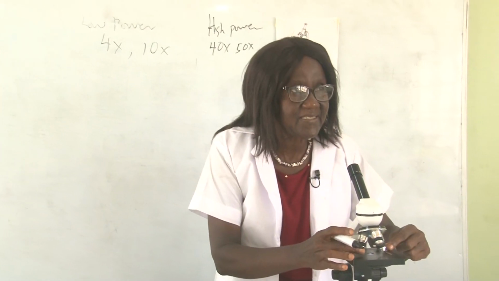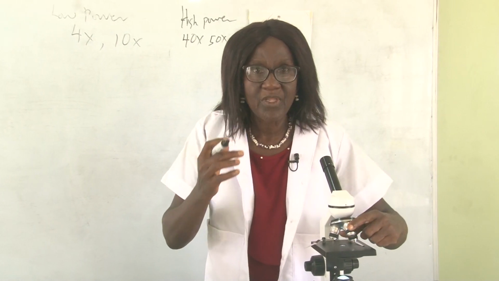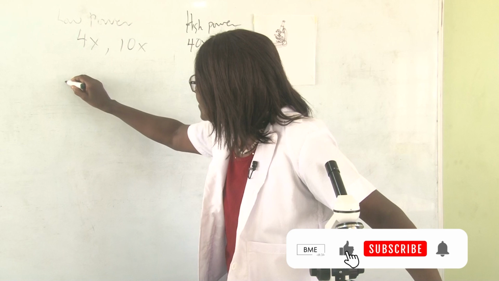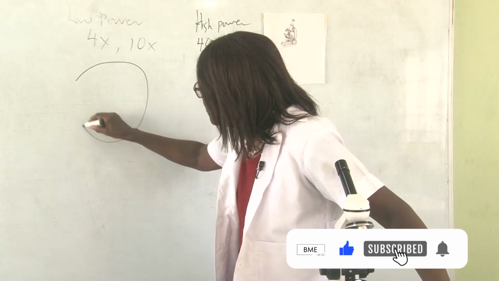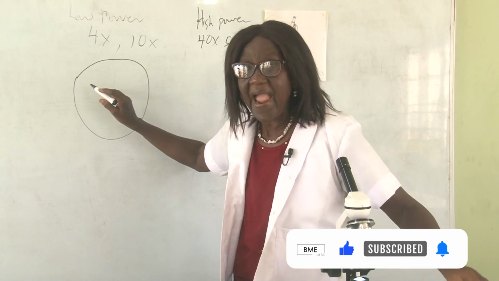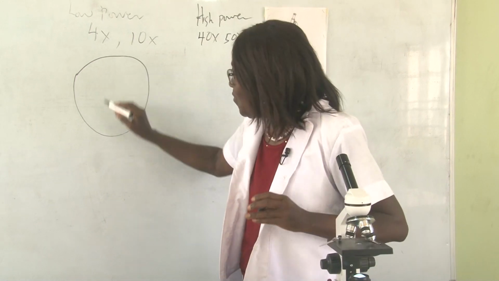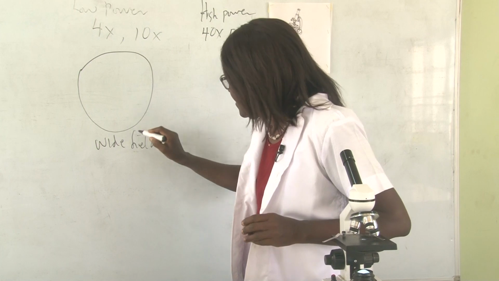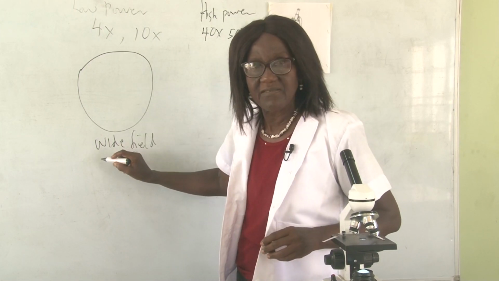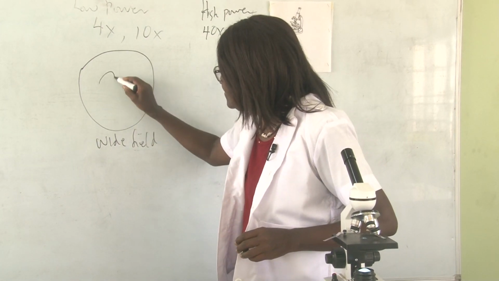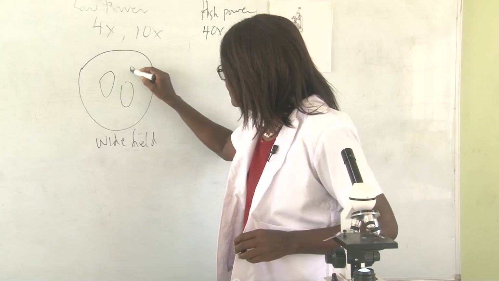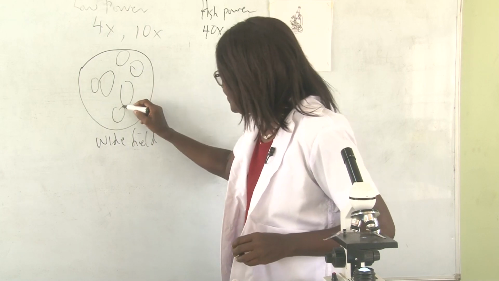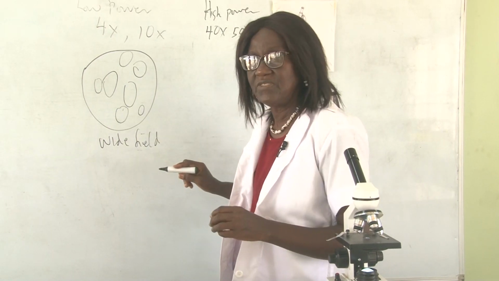That's the objective lenses, very high. And with low power, you have a wide field of view, but not much detail, low detail. So you have a wide field of view, you have a lot of structures, but not detail.